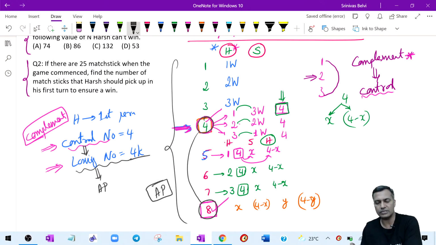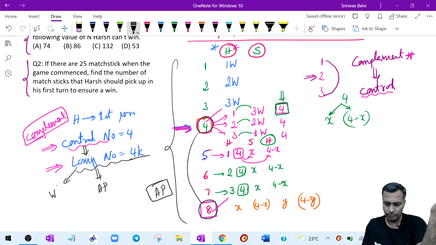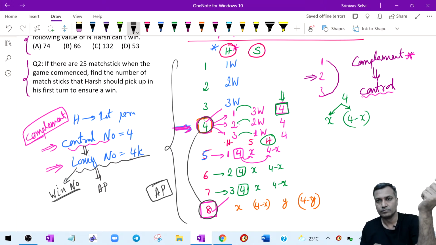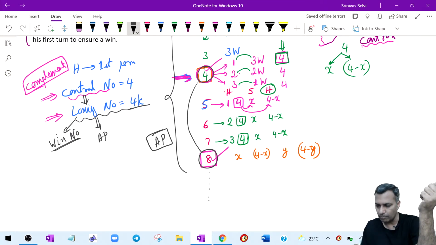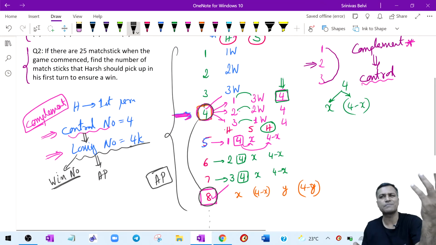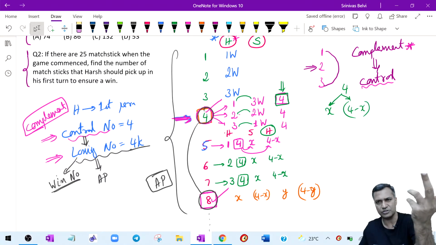Be it the winning number or the losing number, they are in AP. Therefore, I didn't write the third term. I would have to write the third number before I prove that they're in AP, but you can establish that.